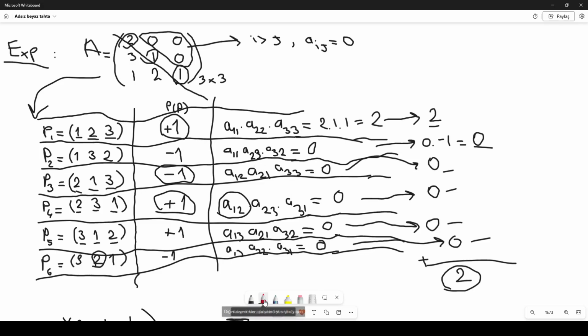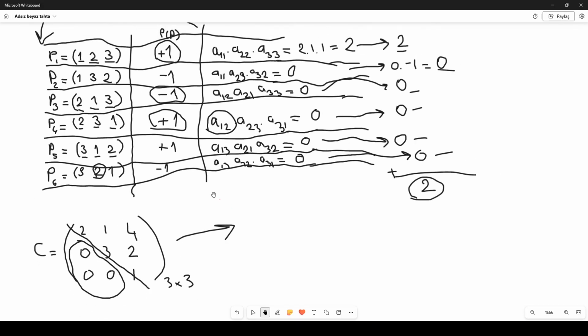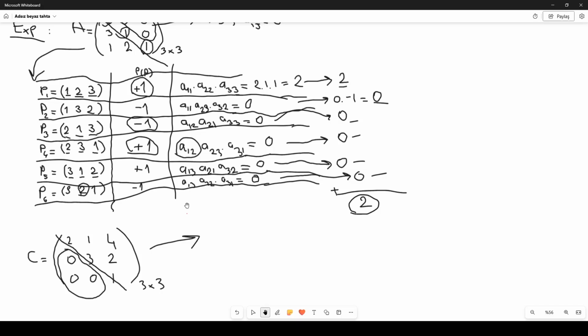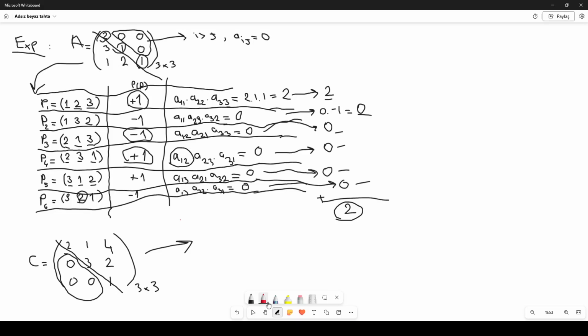Say, let's use a different color. Let's make it a little smaller to fit into the screen. All right. Now, let's use red.